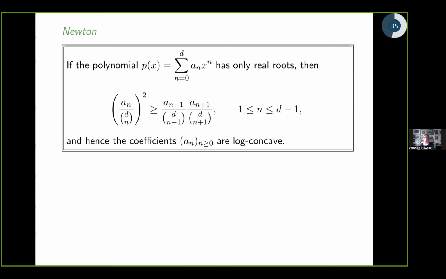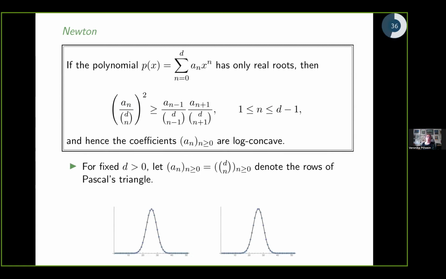So the coefficients are log concave, hence unimodal. This applies to the rows of Pascal's triangle, since if I plug in d choose n, I have 1 plus x to the d, and the root is x equal minus 1, which is clearly real. So this is log concave.